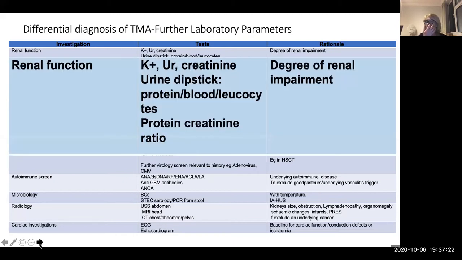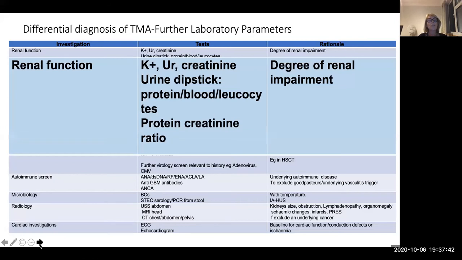One of the first ones, apart from the full blood count, is your kidney function. We need to see if your kidney has been affected by the TTP, and it is not infrequent that it may be, and it recovers pretty quickly with treatment.